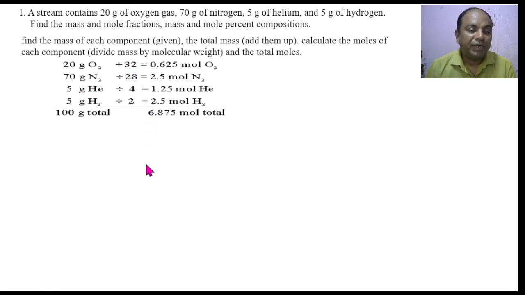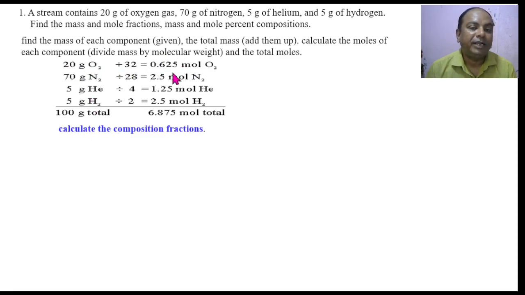So if a certain quantity of a particular constituent is given in terms of mass, then that mass is to be divided by its molecular weight. What we get is the mole of that particular constituent in the stream. Here, for 20 gram of oxygen, it is the mass of oxygen divided by its molecular weight.